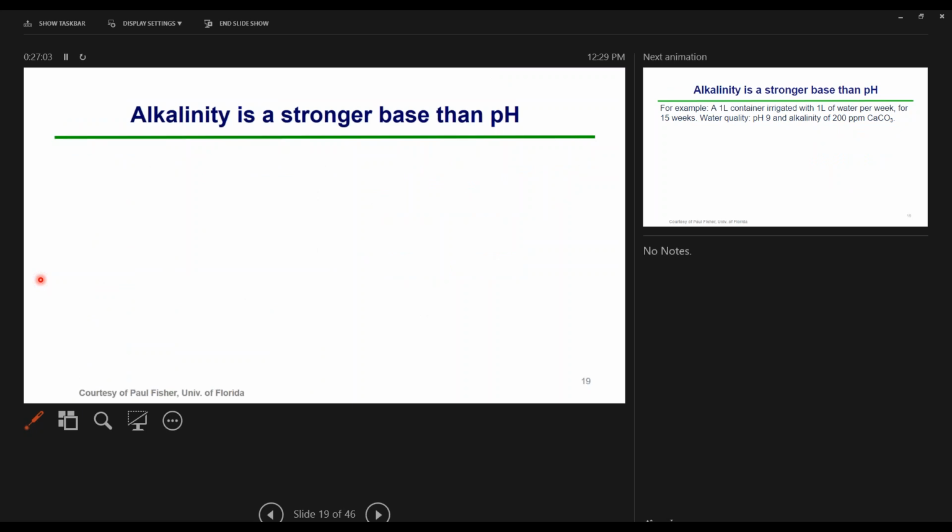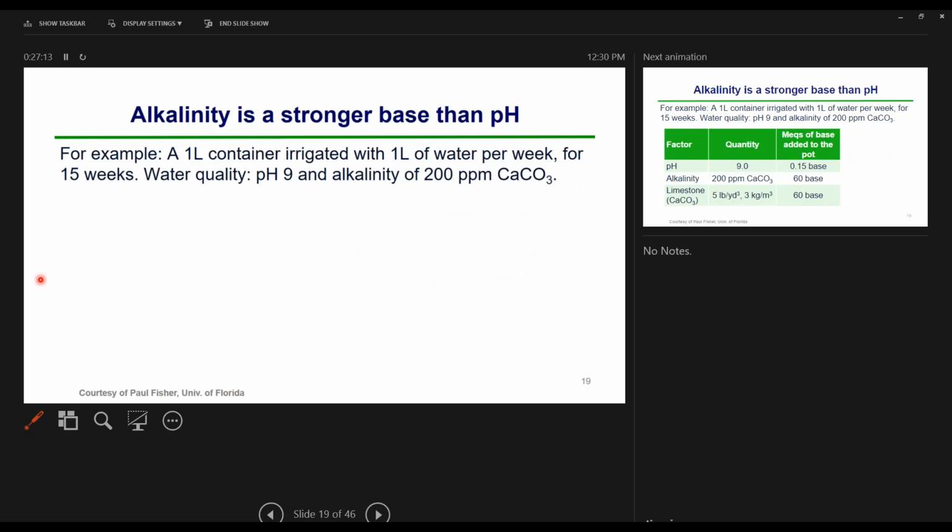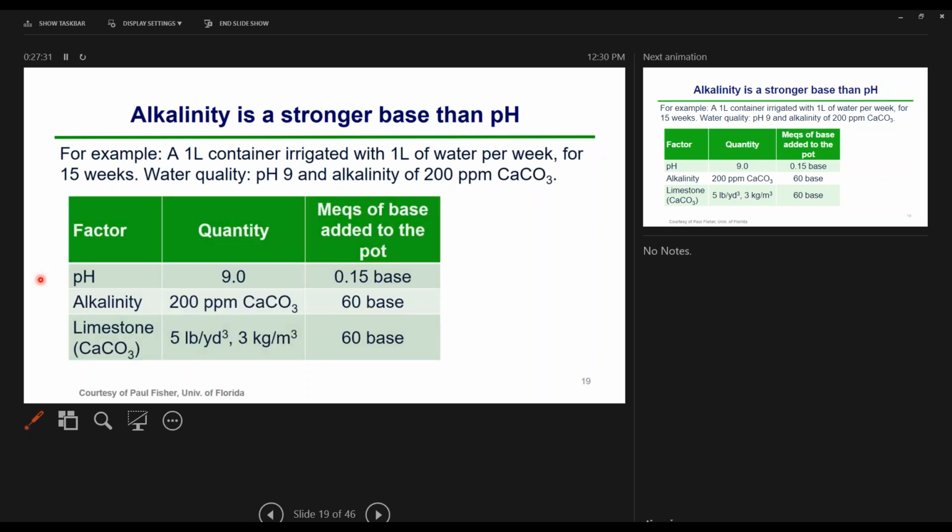Okay, so why do we talk about alkalinity? It's because alkalinity is a stronger base than pH. Here's an example to help us understand how it works. If we have a 1 liter container and we irrigate it with 1 liter of water per week for 15 weeks, and the water has a pH of 9 and an alkalinity of 200 parts per million, then what happens to the container? That amount of water over 15 weeks provided 0.15 milliequivalents of base.